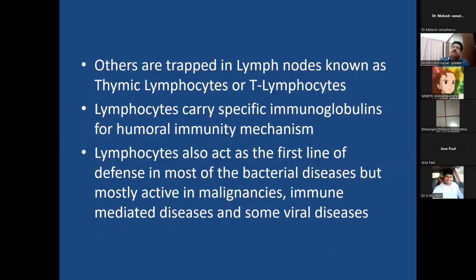See, there was a thought early: if there is an increased number of lymphocytes, it is a viral disease; if there is an increased number of neutrophils, it is a bacterial disease. Actually, it is not true. I also thought that it was true, but it is not. Neutrophilia can occur in both viral as well as bacterial diseases.